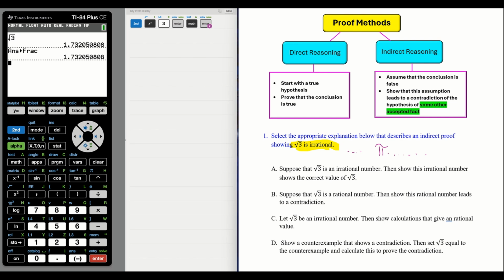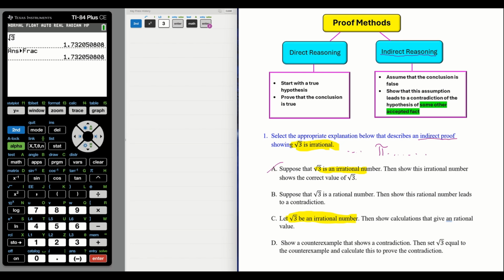Remember, it's saying indirect proof, indirect reasoning. This one is stating the same thing. See this? A won't work. Can't do that, because they're repeating what our conclusion is supposed to be. Another one does this down here. Can't use that.